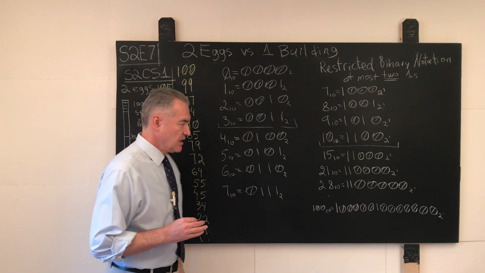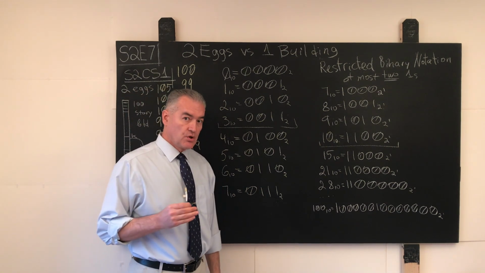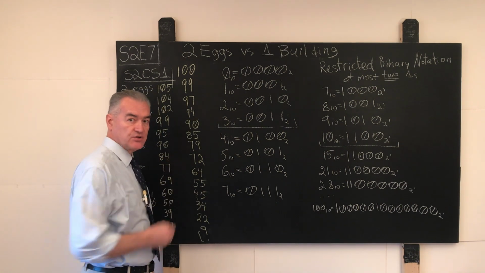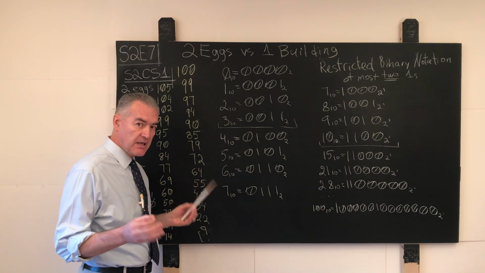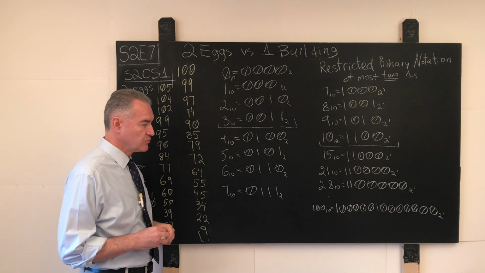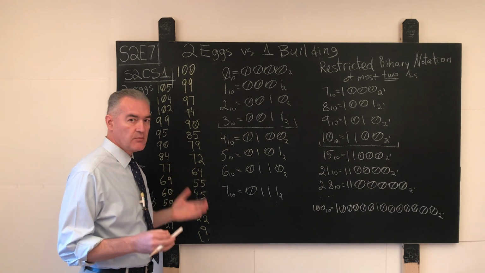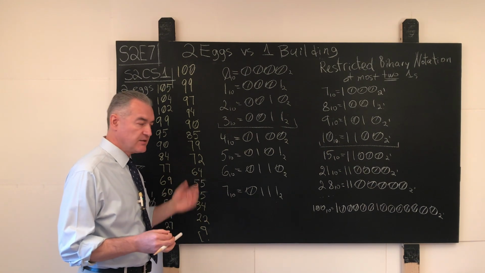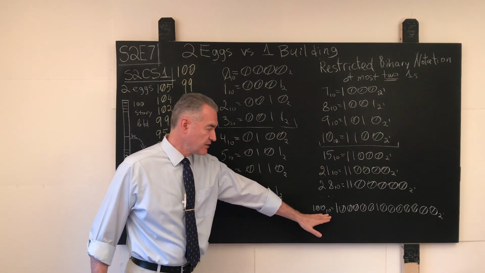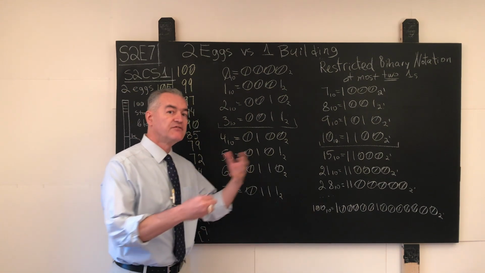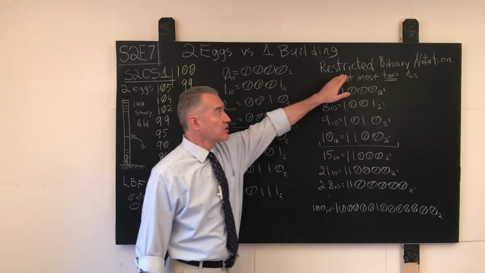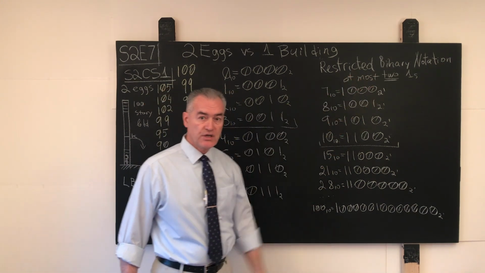But as an alternative solution of the 2-egg and 100-story building, what we can do is the following. We can take the number of stories in this building, 100 for example, in its base 10, and convert it to RBN, to restricted binary notation.